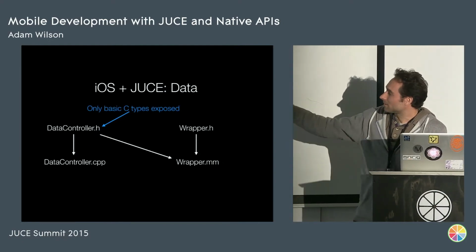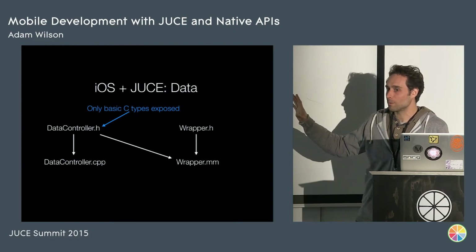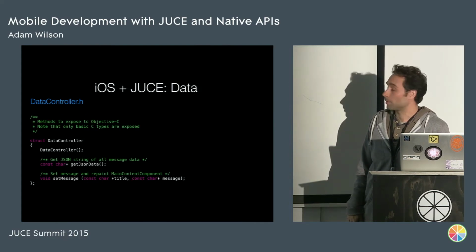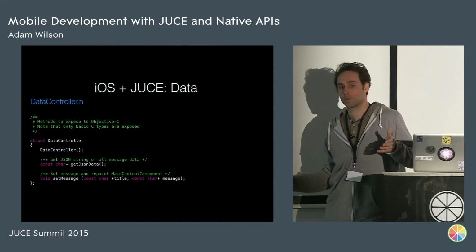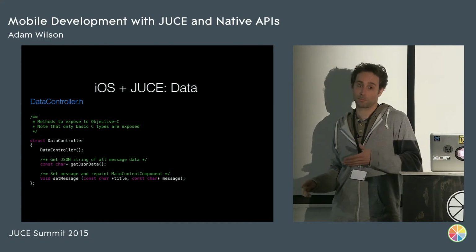And in the data controller header, we only expose basic C types, no C++ classes. The reason for that is the lowest common denominator between Objective-C and C++ is, of course, C.